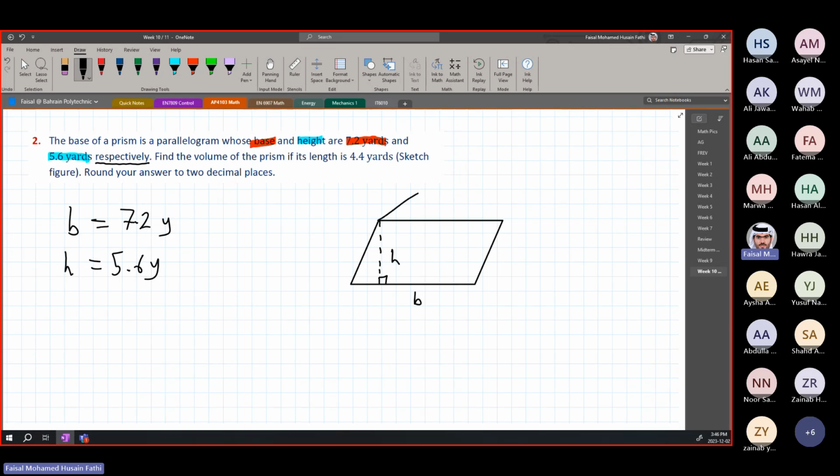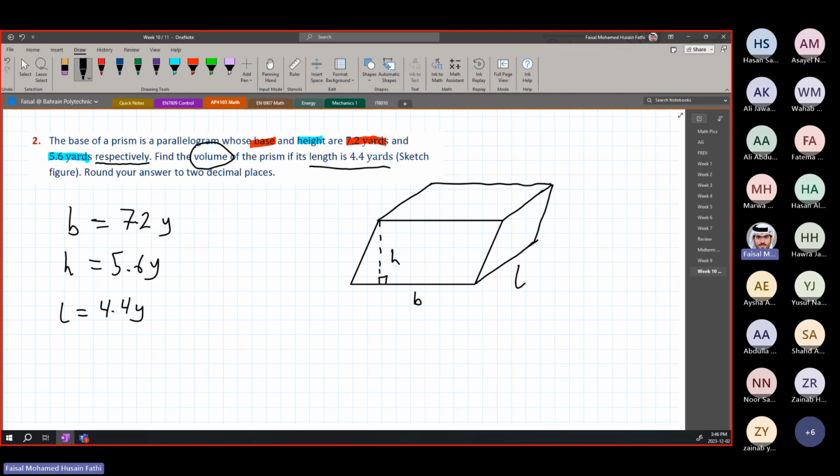Of course it's going to have an extension like this in the shape of a parallelogram. It's going to look something like that. And this is our length, which is equal to 4.4 yards based on the question. We need to find the volume.